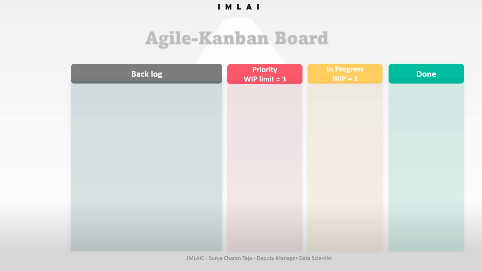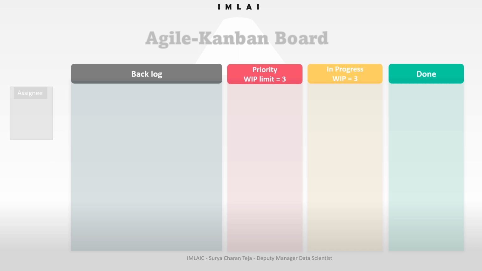Now Kanban is visual management more than anything else. It's a visual management approach for tracking work as it progresses through a process. So let's take a real life example.